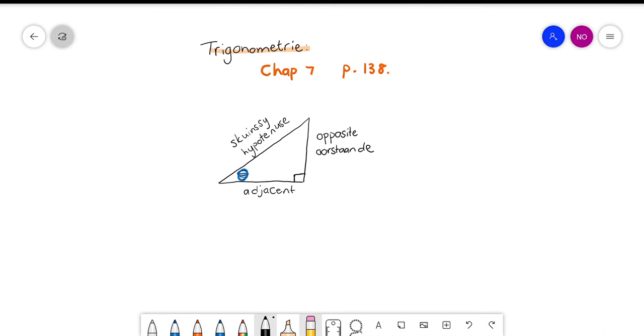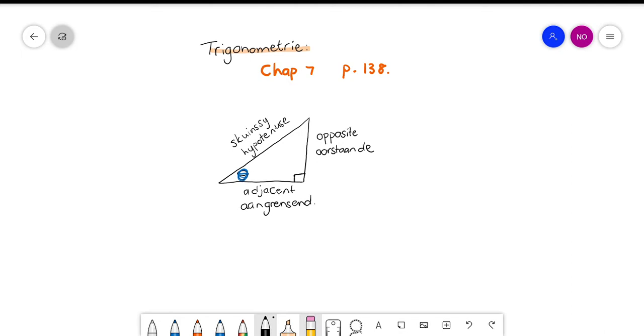Adjacent. And in Afrikaans is it aangrensend. Okay. And from that we use three different functions: sine, cos and tan.